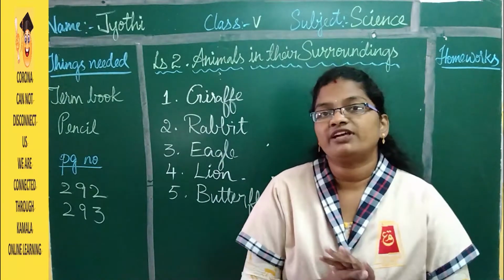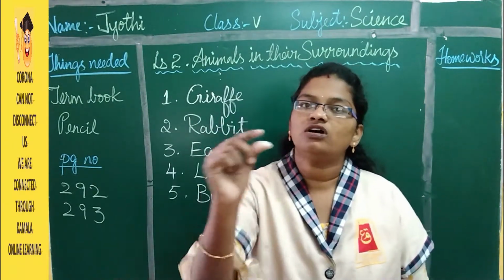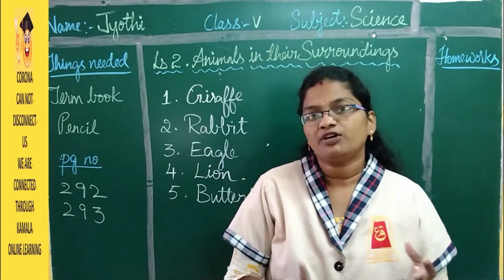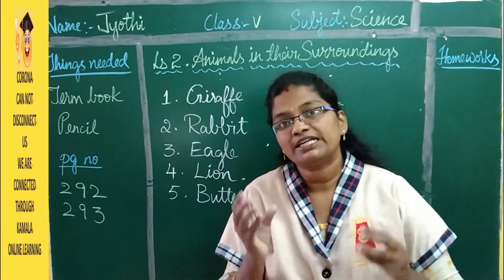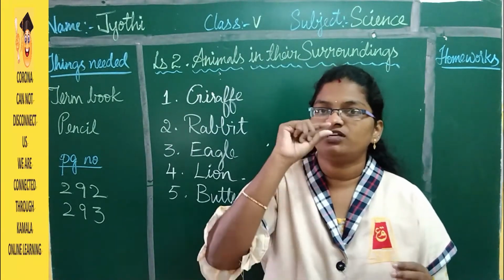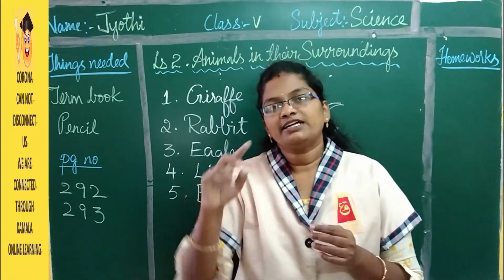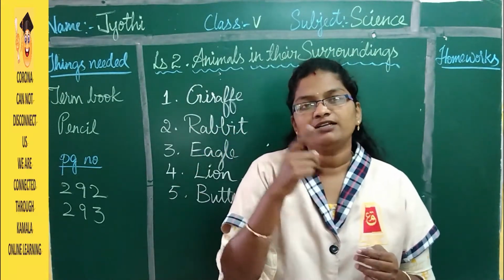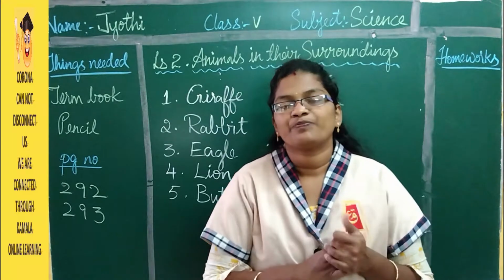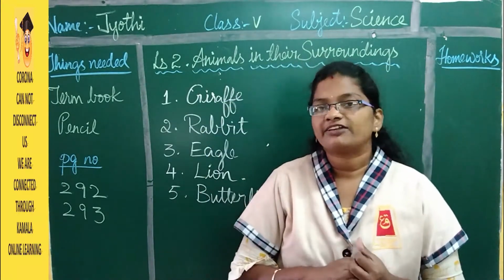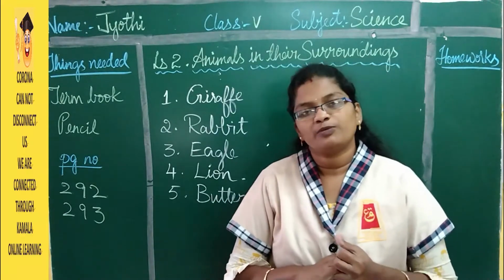Here butterflies also have a long tube-like structure, but you cannot see it because only whenever they want to drink the nectar from the flowers, that tube is going to elongate. After drinking it, again they are going to roll it and put it near the body. So the long tube-like structure which is there for the butterfly is called as proboscis.